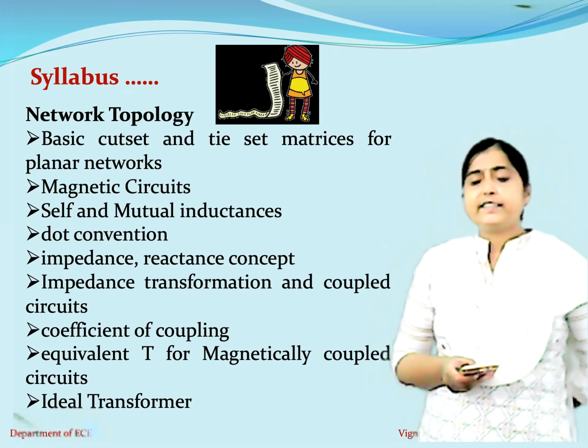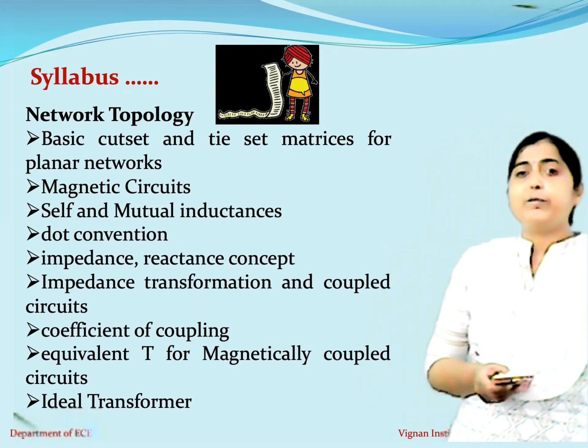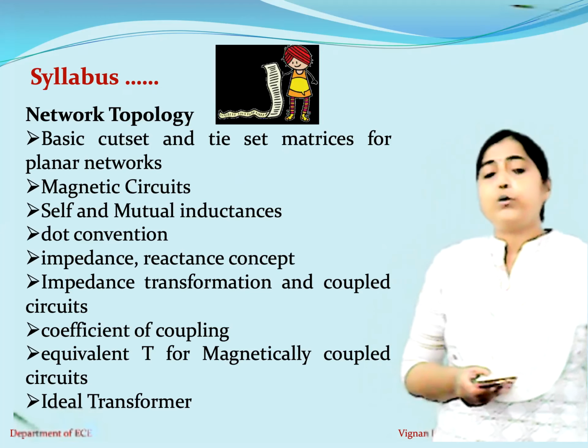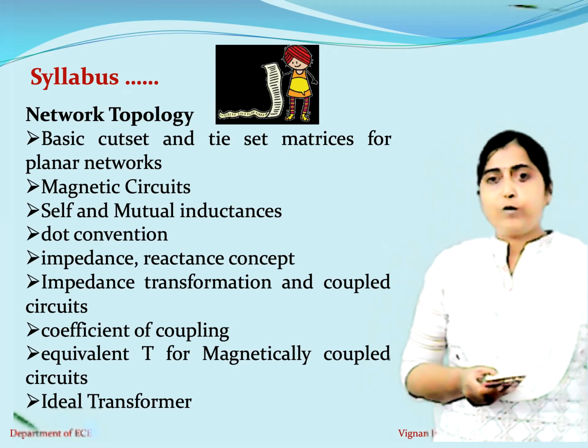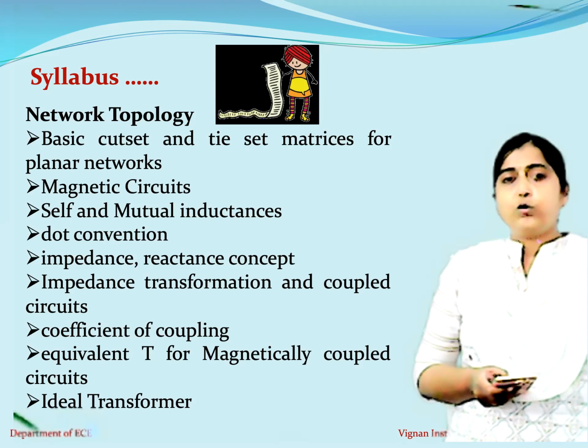So what is cut set and what is tie set? It is similar to what you have already studied in basics of electrical engineering about mesh analysis and node analysis.